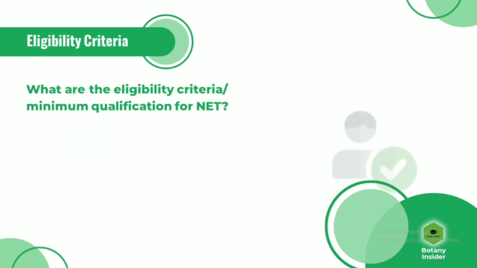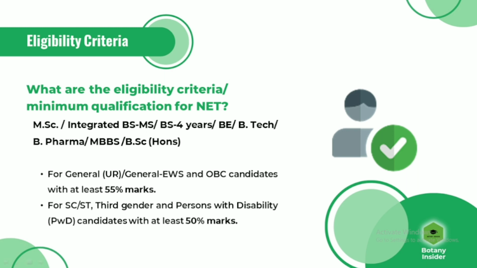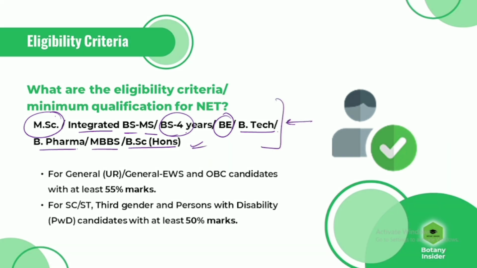Talking about the eligibility criteria, what is the eligibility criteria for this particular examination? If you have done MSc, integrated BS MS, BS for 4 years, BE, BTech, B Pharma, MBBS and BSc honors, you are qualified for your NET examination.